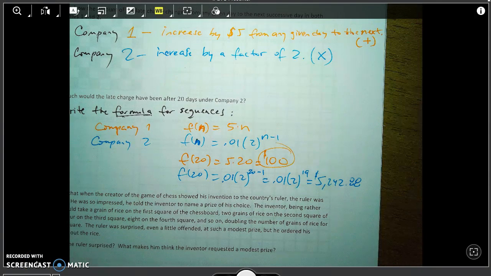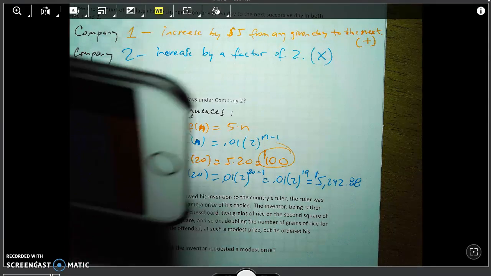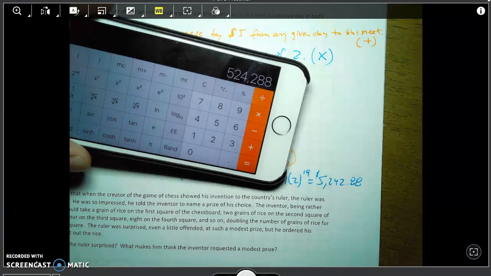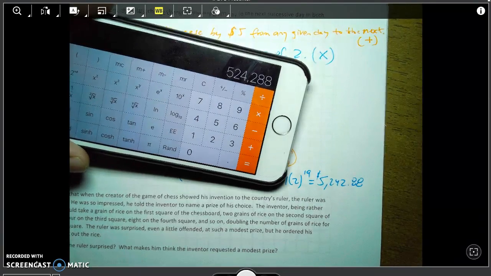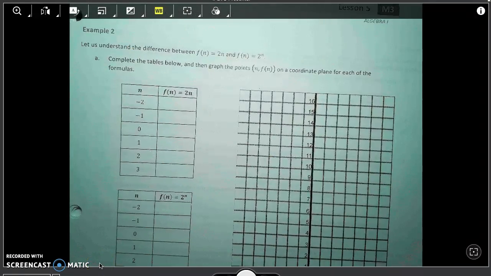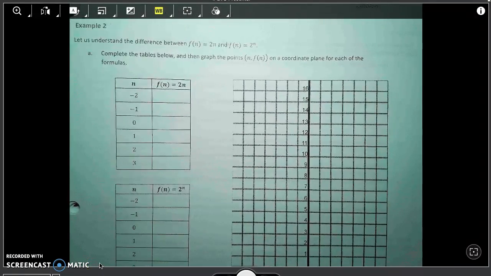If we raise 2 to the 19th power, we get 524,288, and multiply that times 0.01, we get 5,242.88.